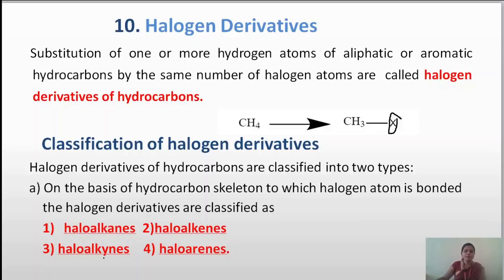And when we replace one or more hydrogen atoms of that alkyne by the same number of halogen atoms, then we will get the structure of the haloalkynes. Next is the haloarenes. Arenes means aromatic compounds, and when we replace one or more hydrogen atoms of any aromatic compound by the same number of halogen atoms, then we will get the structure of the haloarenes.